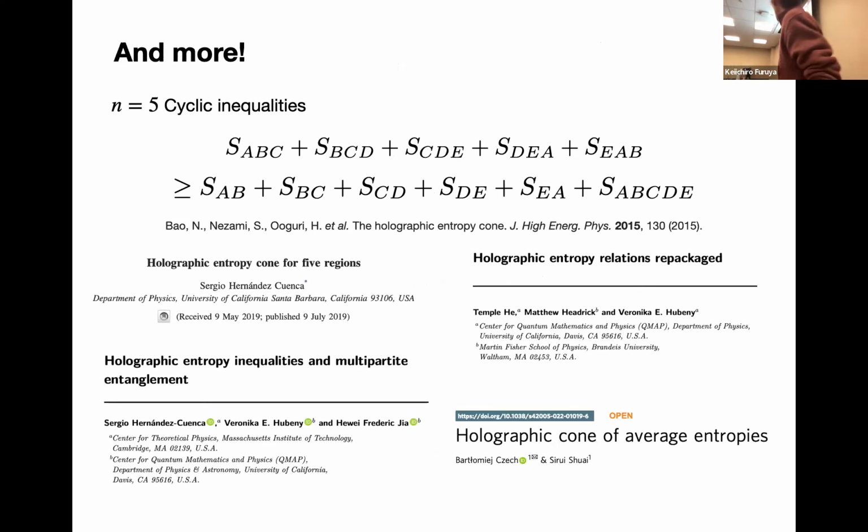Okay, so this cyclic inequality is one example of a holographic inequality that does not satisfy the general case; only holographic states can satisfy it. People are studying these holographic entropy inequalities a lot in various frameworks.